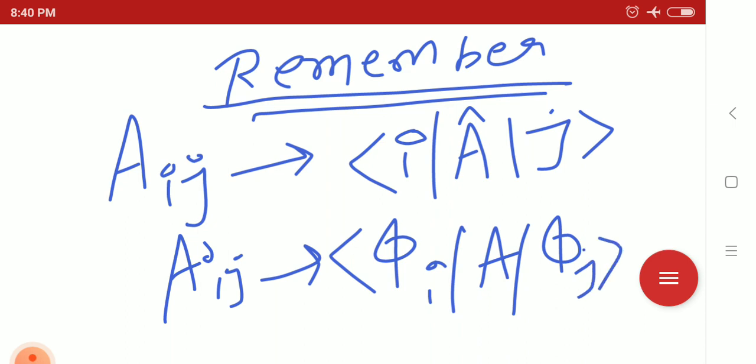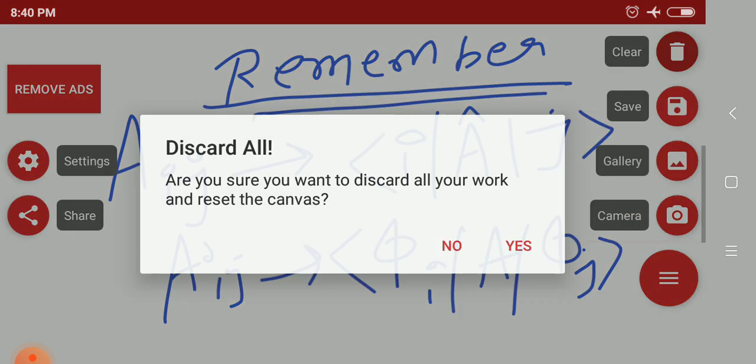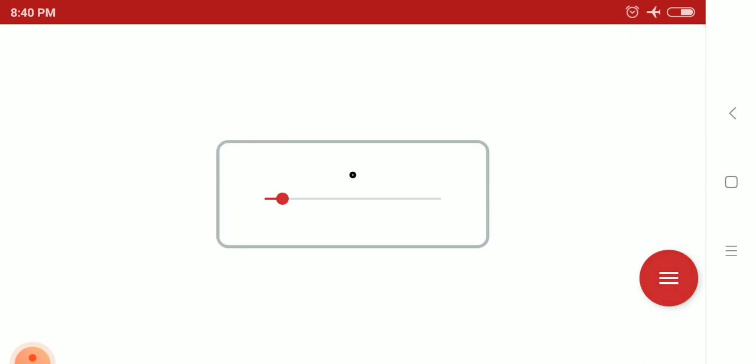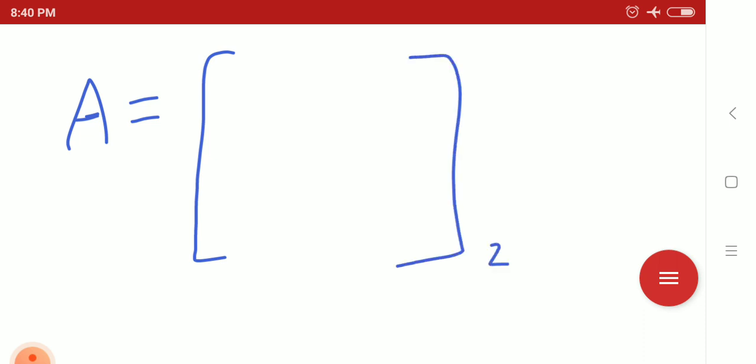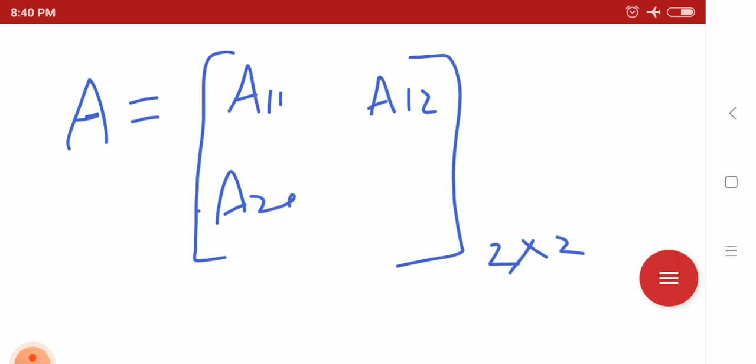So let's take an example. Suppose we have an operator A. The matrix elements of that operator can be written as, suppose we have a 2 by 2 matrix, A11, A12, A21, A22.